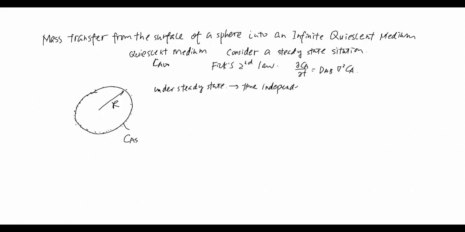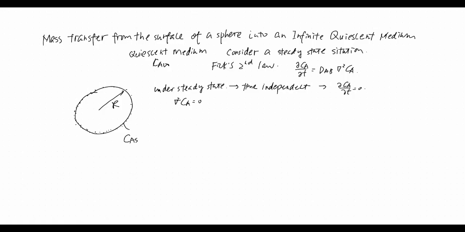Time independent means any time derivative does not exist. So Fick's second law tells us that the whole term equals 0, then it tells us the Laplacian equals 0.